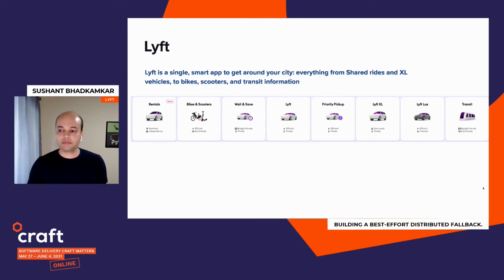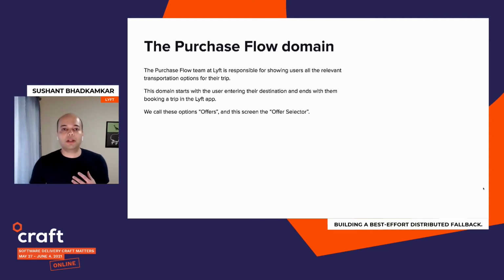And I work on the purchase flow team at Lyft, which is responsible for showing users all the relevant transportation options. So when users enter their destination and tell us where they are starting from, where they want to go, in the backend, we fetch all the options that are available in that particular market, available to that user.